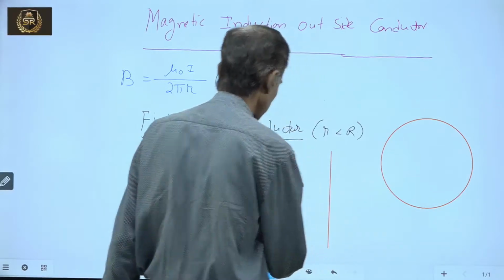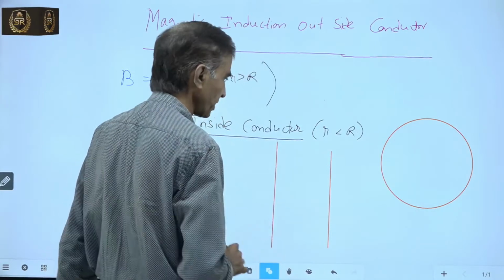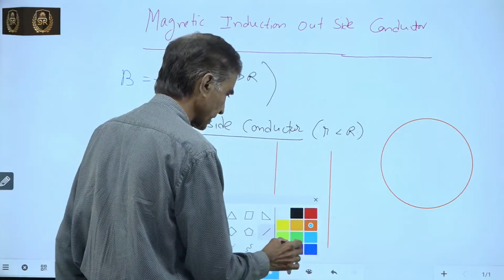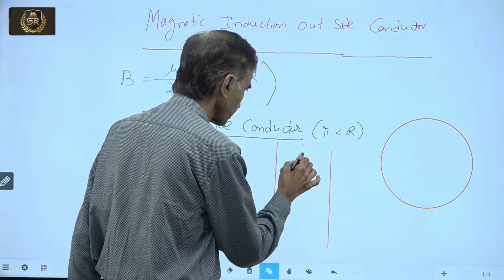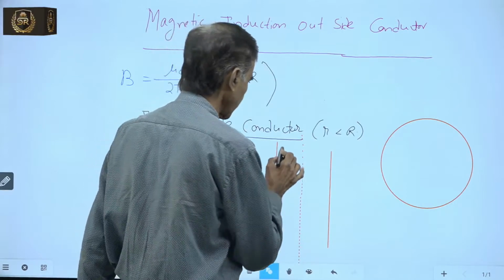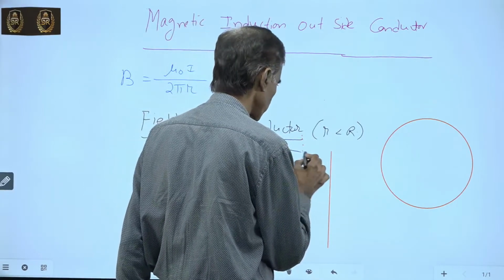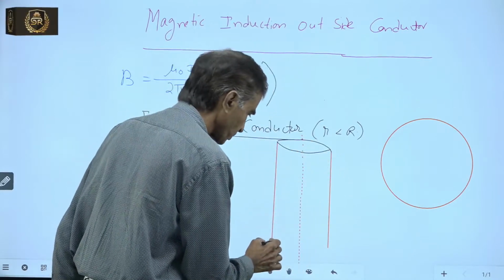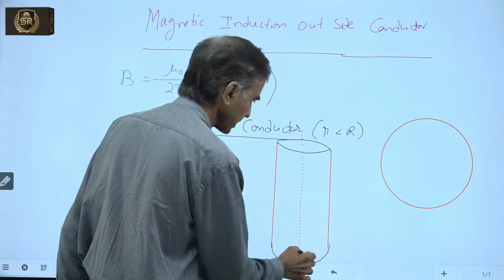See the conductor, this is our conductor having a radius capital R. This is the axis of the conductor, the center point, the line passing through the center. This is our circular section, our long conductor.